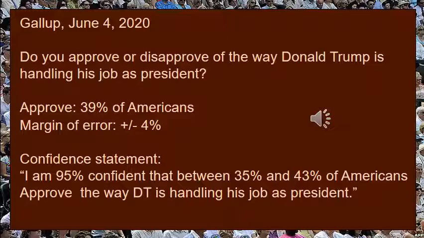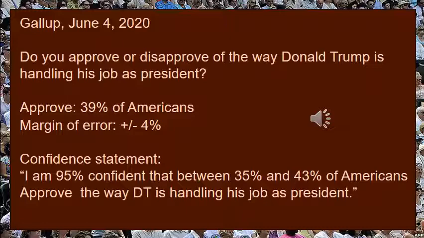So you have the 2 ingredients you need here to write a confidence statement. You have your statistic in percentage, 39%, and you have your margin of error, plus or minus 4%. So a confidence statement goes like that. I am 95% confident.